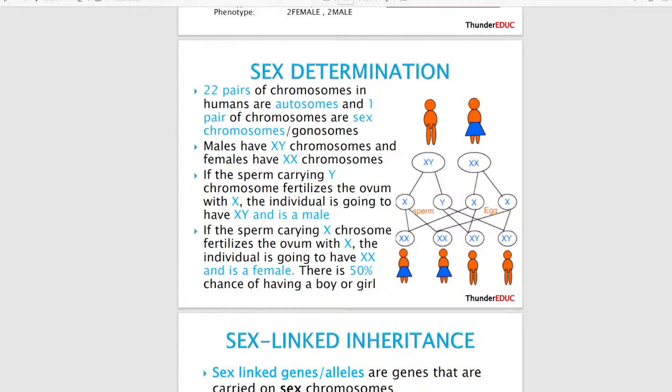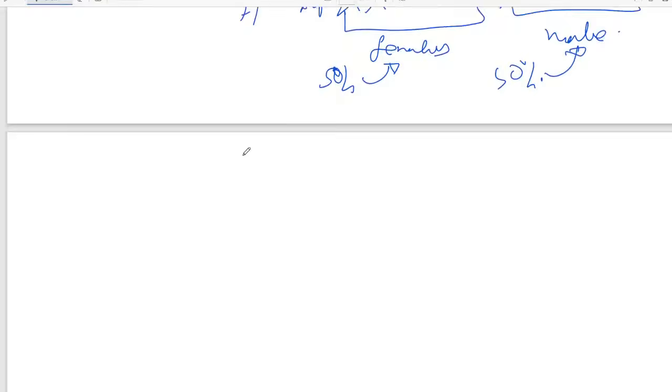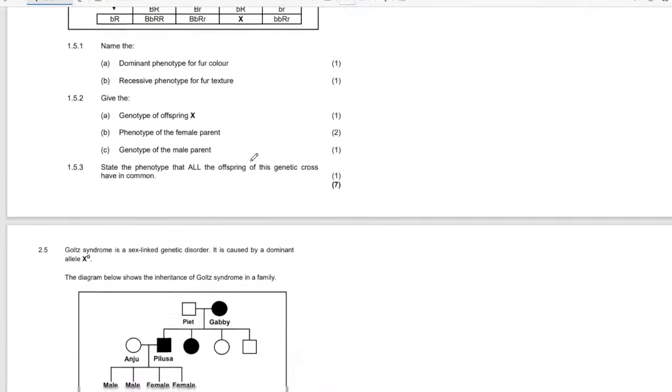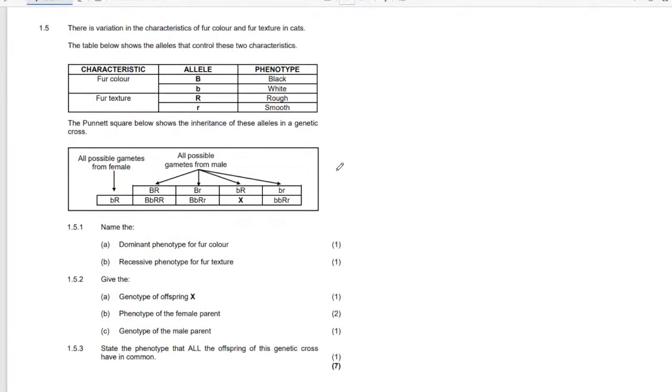All right. The next question is also about a dihybrid cross. Dihybrid cross. What does it mean?